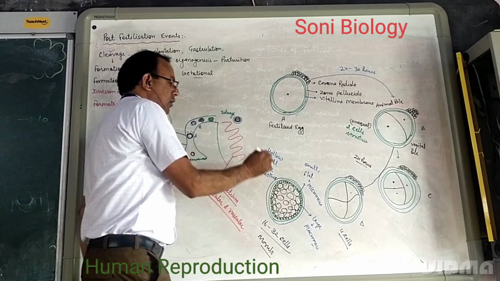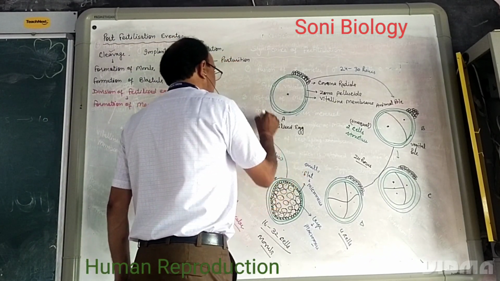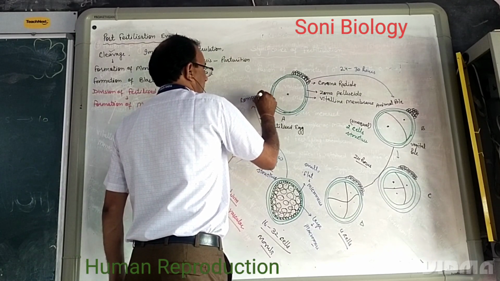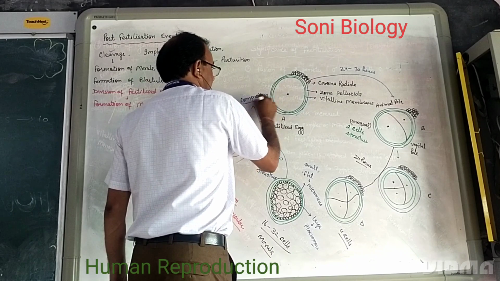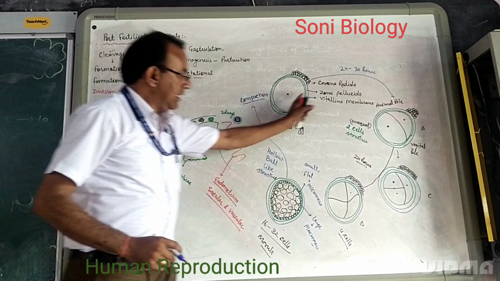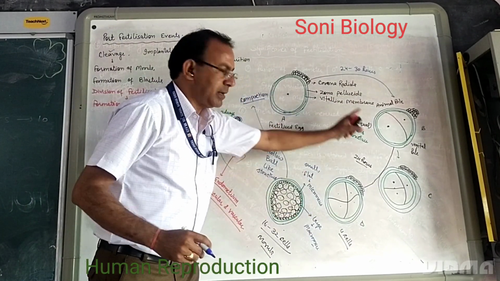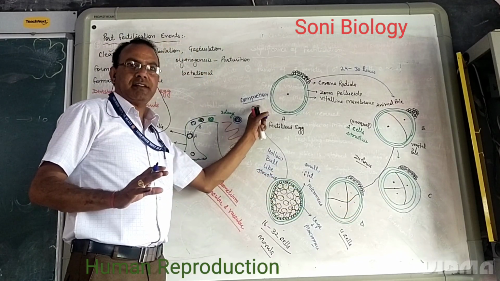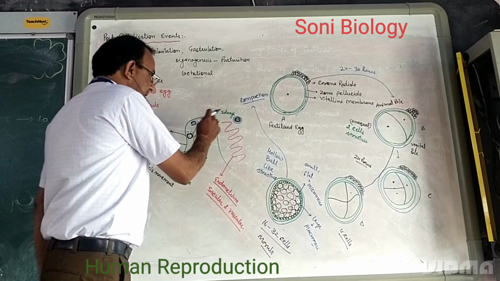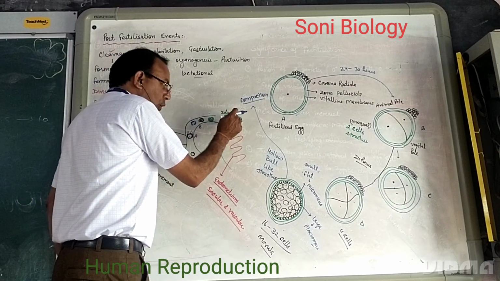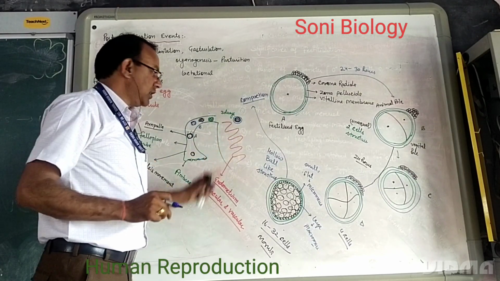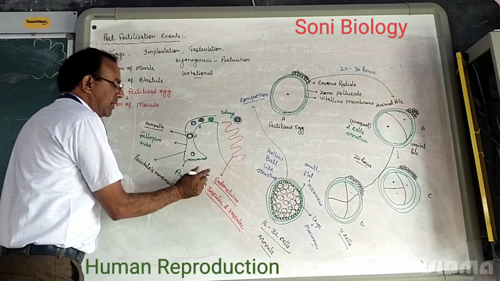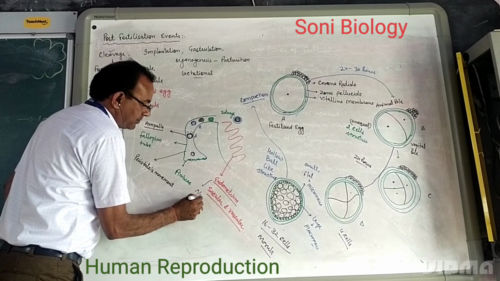After this, compaction can take place. In this compaction, the egg size remains the same, but as the morula comes closer to the uterine wall, the endometrium provides nutrition.